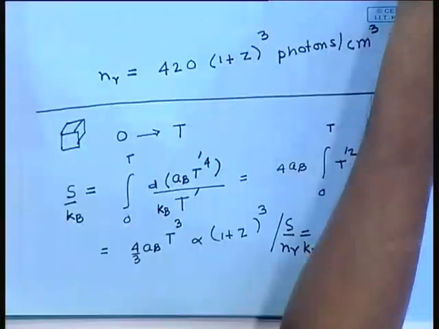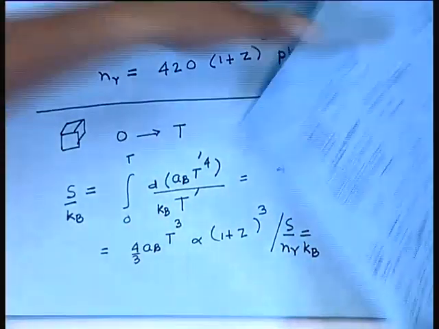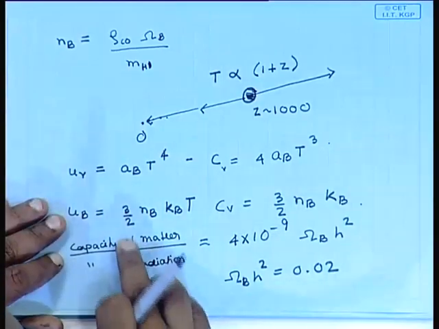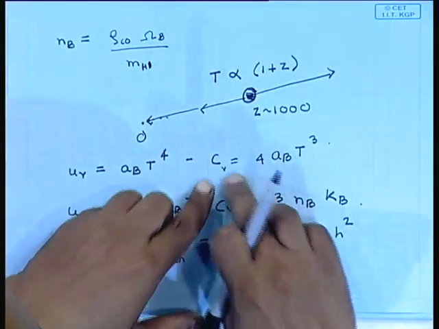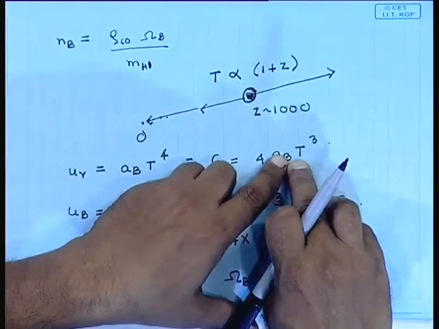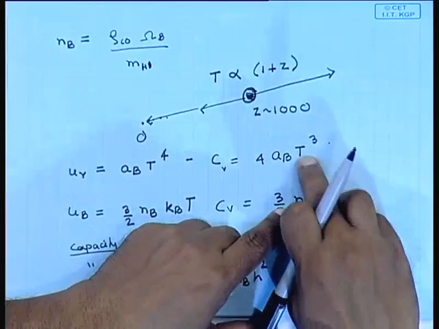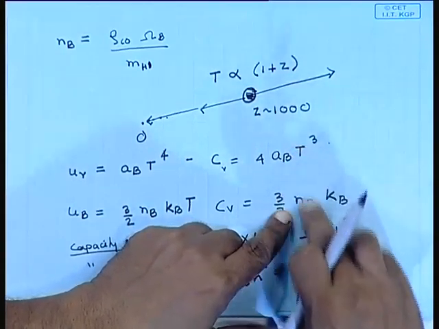I forgot to tell you that the ratio of the specific heat capacity of the baryons and the CMBR also does not change with redshift. That is something which is absolutely constant. This ratio that we just calculated does not change with redshift, because this heat capacity is proportional to T cube, and this heat capacity is proportional to the number density, both of these scale as a to the power minus 3.